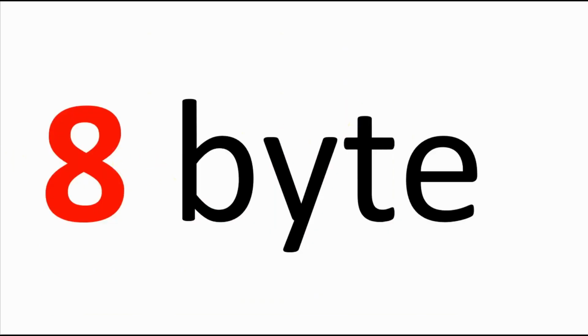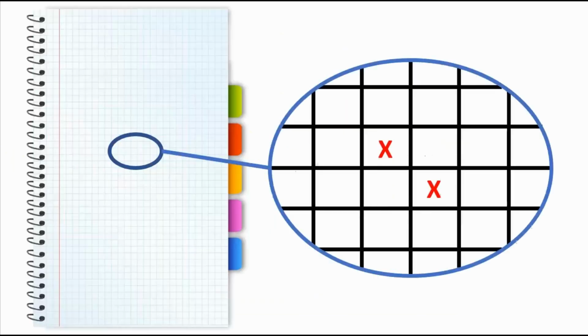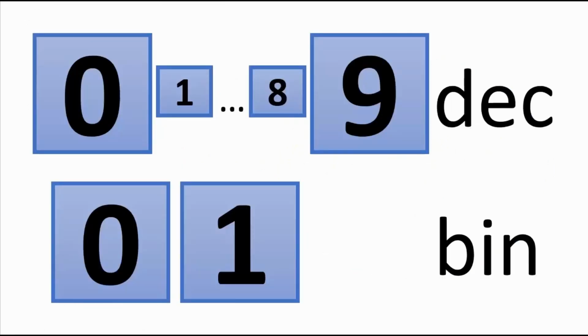To answer this question, let's first check how any electronics stores any data. The storage of any data, any message, is like a copybook page where each cell is one digit. And we are used to knowing that we can store digits from 0 to 9. It's the decimal system, but any electronics use the binary system, so it can store in one cell only 0 or 1.